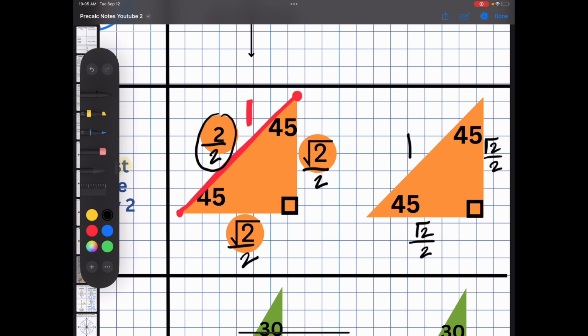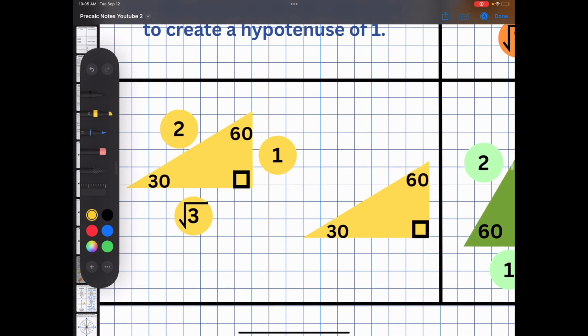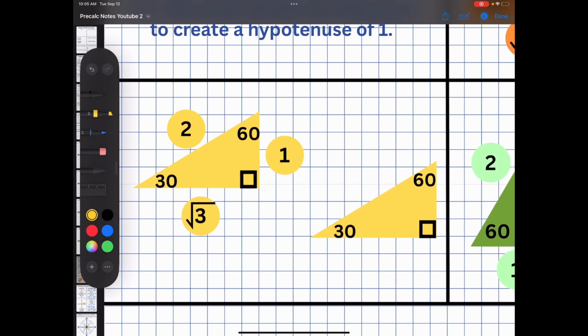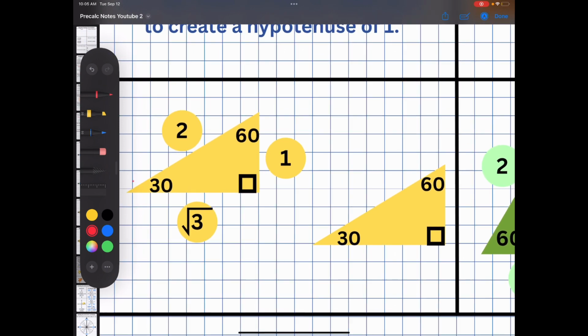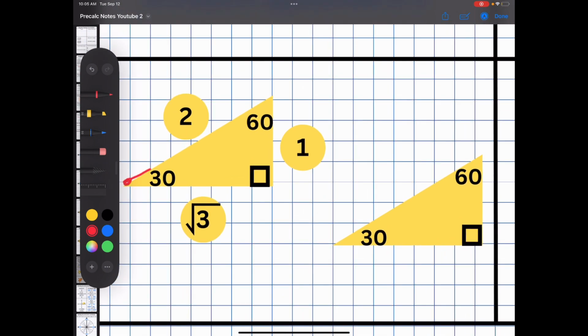Okay, so moving forward, when I use a 45, 45, 90 on the unit circle, I'm no longer going to use these labels to the left that we've been using. Instead, I have to use these labels to the right. Okay? Now, the same thing happens with a 30, 60, 90 triangle. Notice how my hypotenuse is equal to 2.